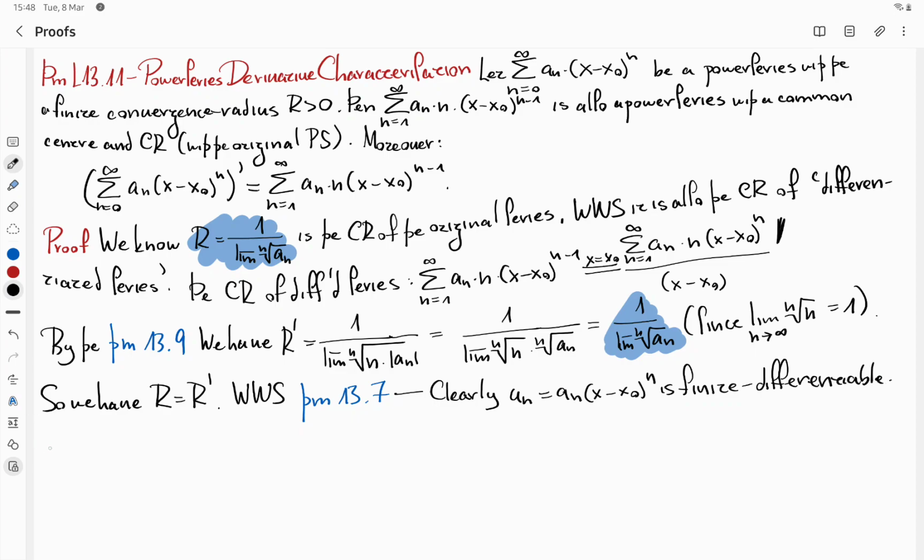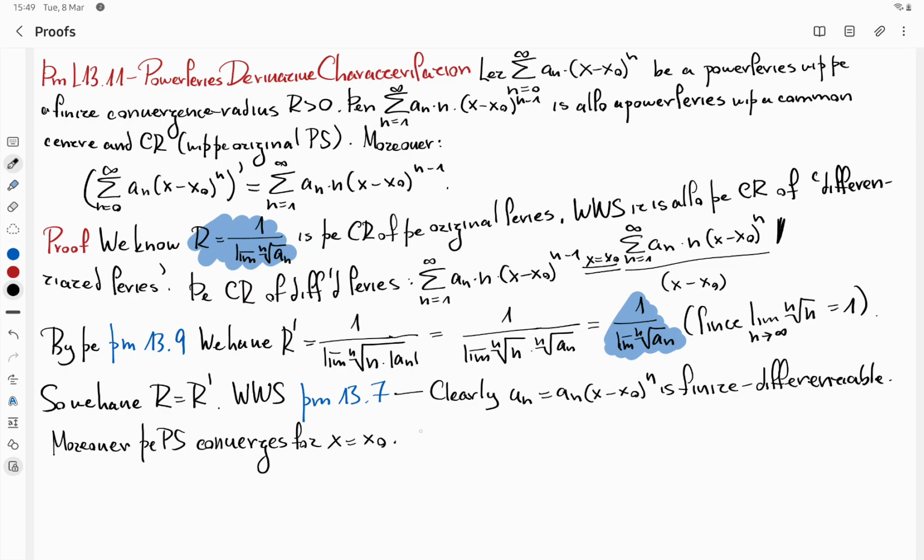Right. Moreover, the power series converges for x equal to x_0, because it will be a series of zeros.